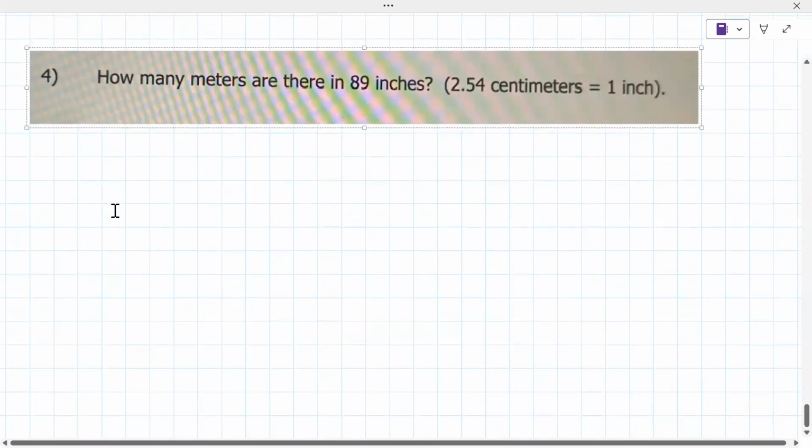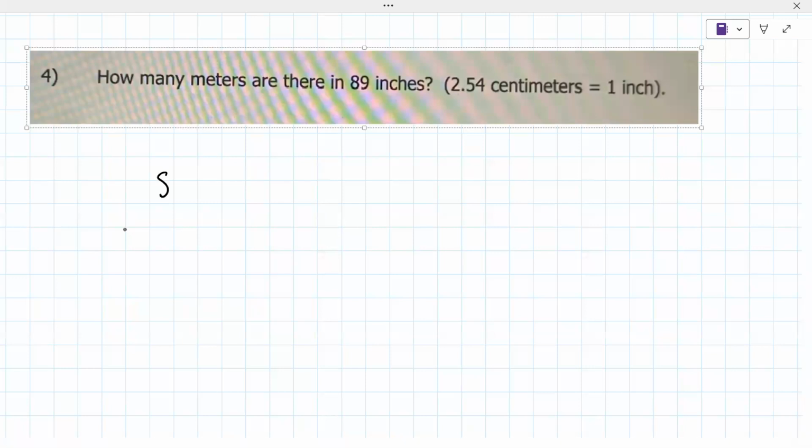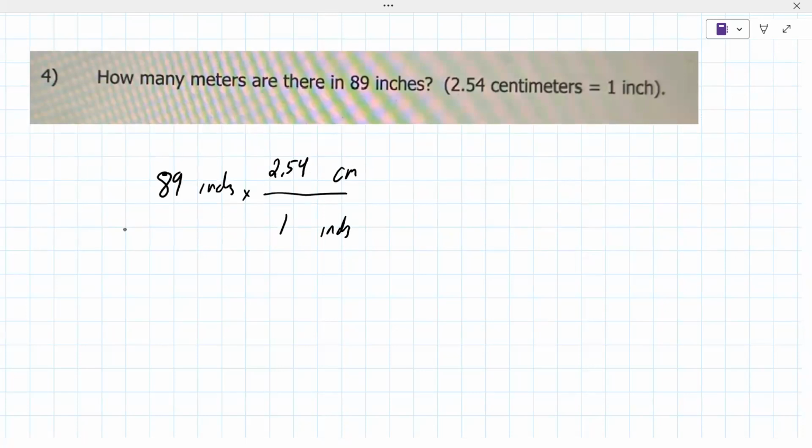I cannot wait. Yeah. How many meters are there in 89 inches? So you start with the given quantity, 89 inches. Inches to something else. They're suggesting centimeters. 1 inch is 2.54 centimeters. Centimeters to meters. There are 100 centimeters in one meter.